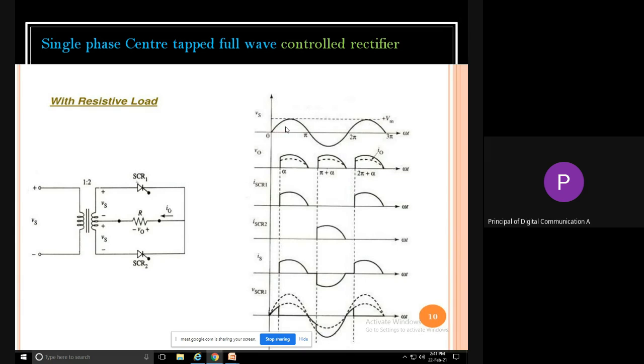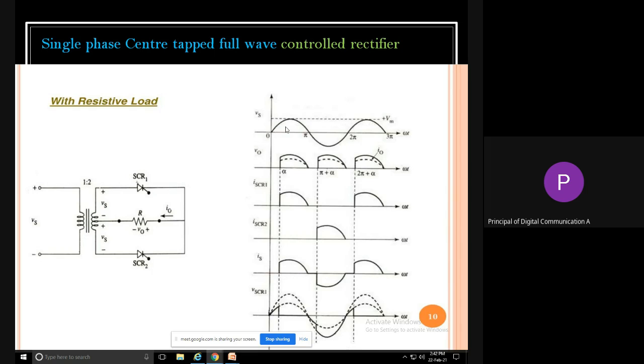Here in the slide you can see the single phase center tapped full wave controlled rectifier. The diagram looks the same as what we learned earlier, but we have replaced the normal diodes with SCRs.